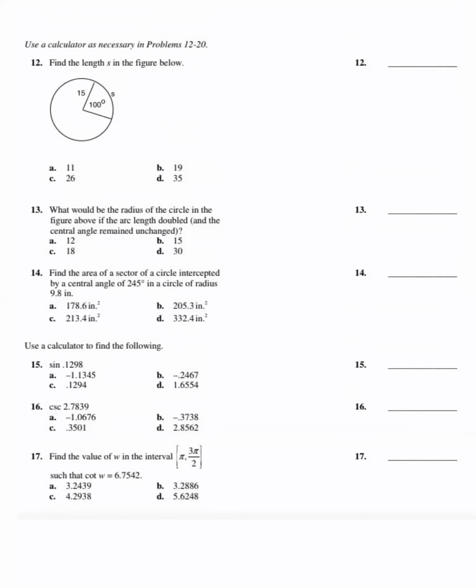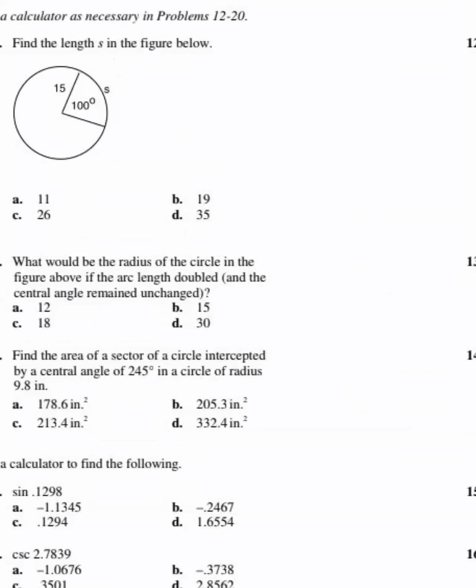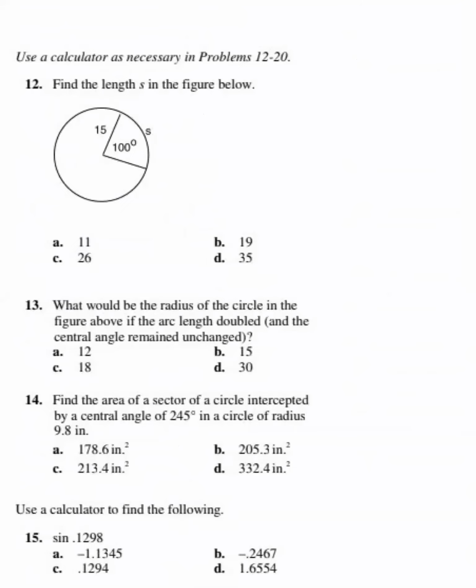Okay, so for 12, we need to find S. S, remember, is arc length. If you were to literally walk, imagine this was a giant circle and you walk from here to here, it's that length in feet or meters or inches or whatever units we're in.